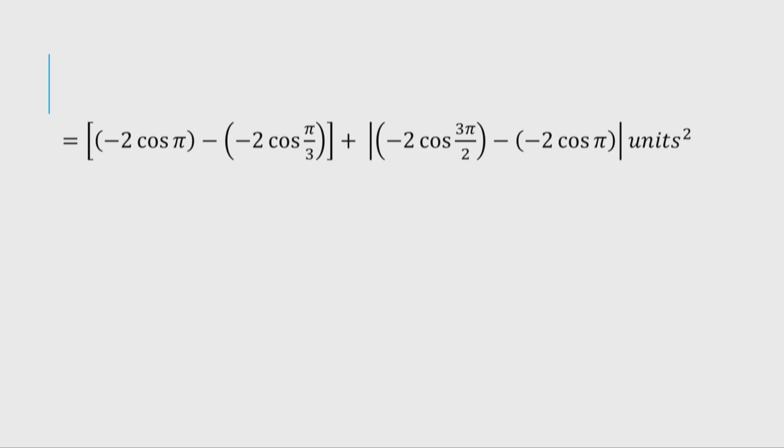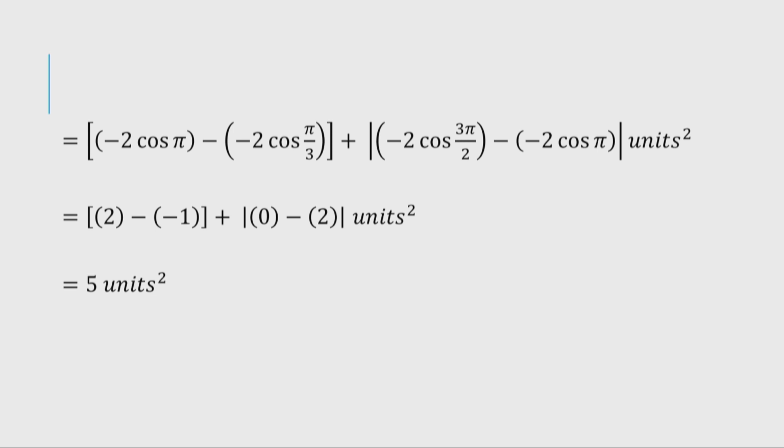Now we substitute the limits. Minus 2 cos pi minus minus 2 cos pi by 3, plus the modulus of minus 2 cos 3 pi by 2 minus minus 2 cos pi, to get 2 minus 1 plus the modulus of 0 minus 2. Evaluating this, we get 5 units squared.